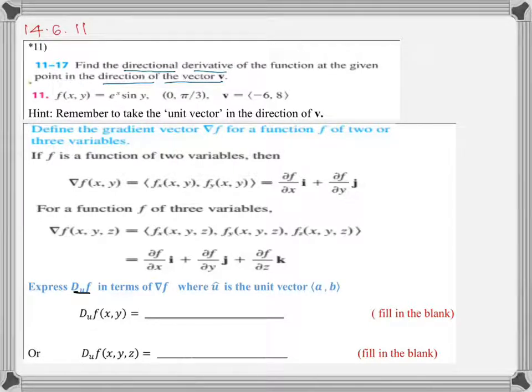The unit vector components are a and b. So for 2 variables, D_u f, the directional derivative of f in the direction of u, is del f at (x, y) dot unit vector u. For 3 variables, it's del f at (x, y, z) dot product with unit vector u.